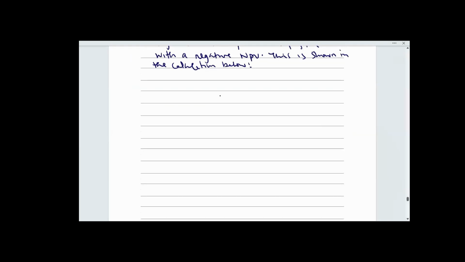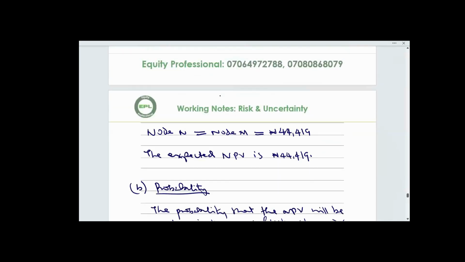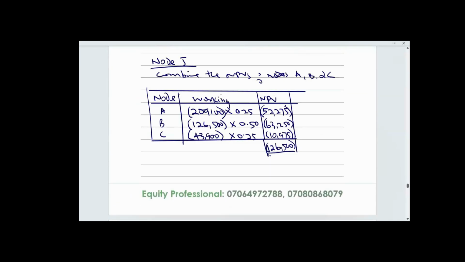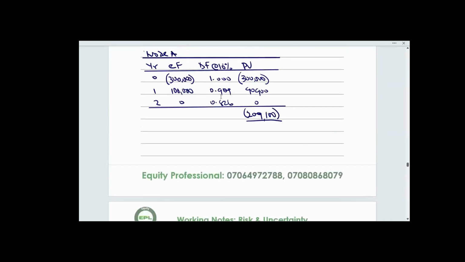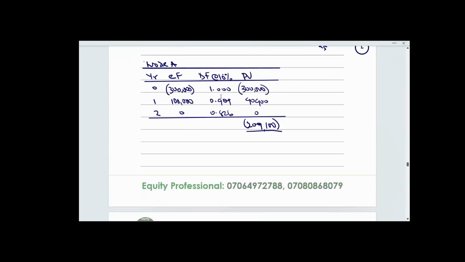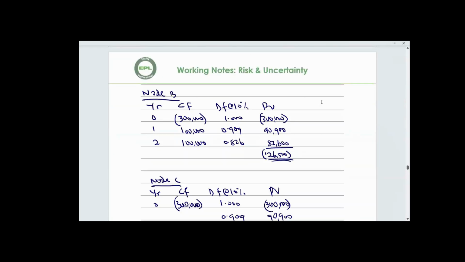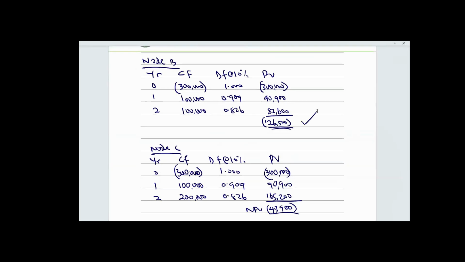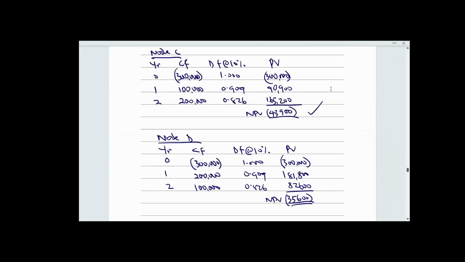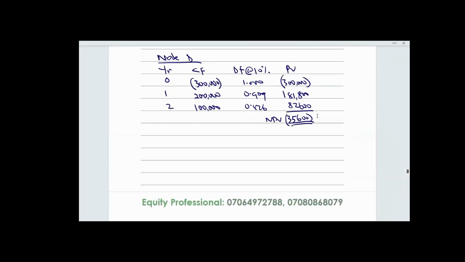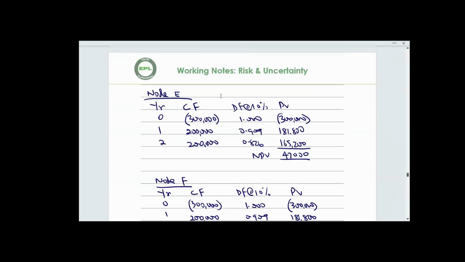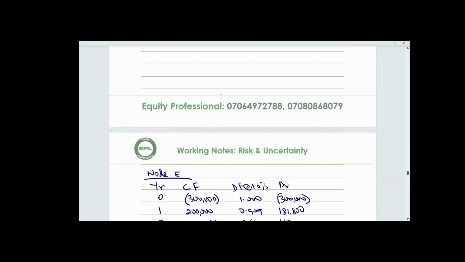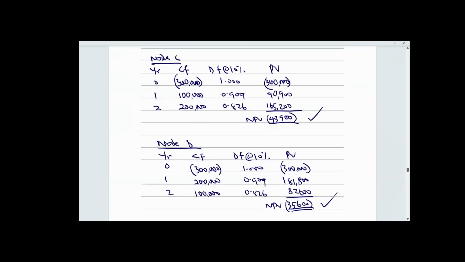When you look at the NPV we calculated for node A, B, C, and D, node A produced negative NPV, node B produced negative NPV, node C produced negative NPV, and node D produced negative NPV. After that, we start having positive NPVs. Therefore, the probability that the NPV will be negative represents the probability of the nodes with a negative NPV.